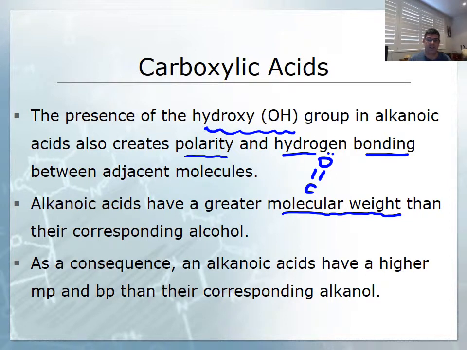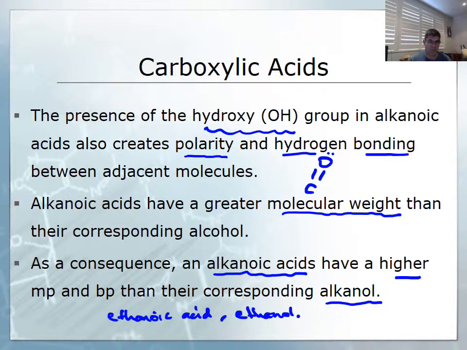What this means is that when we compare an alkanoic acid and the corresponding alkanol, so again, pick something like ethanoic or acetic acid and ethanol as a pair, generally speaking, we would find a higher melting and boiling point for the acid than we do for its corresponding alcohol.